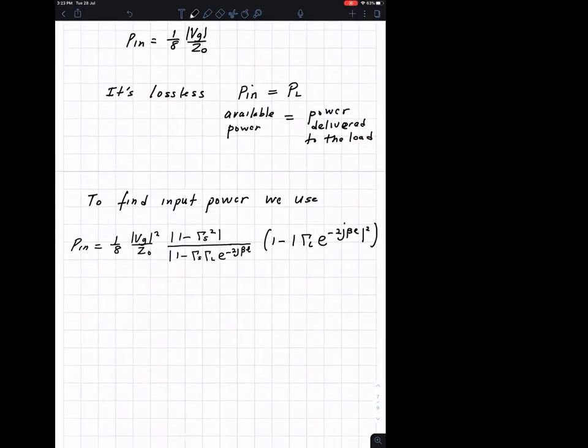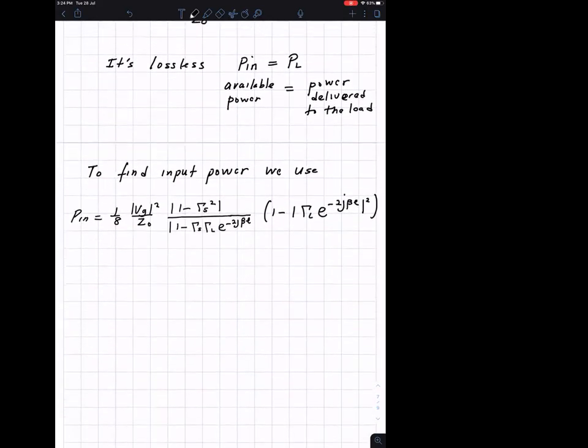The reason we need this formula: we already know it's lossless, and we might assume all the reflections are zero. However, the reflection is not going to be zero.